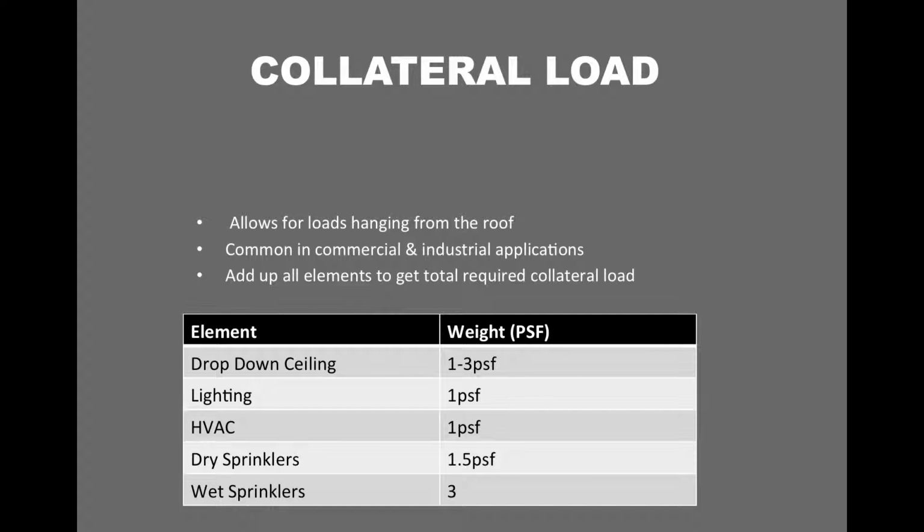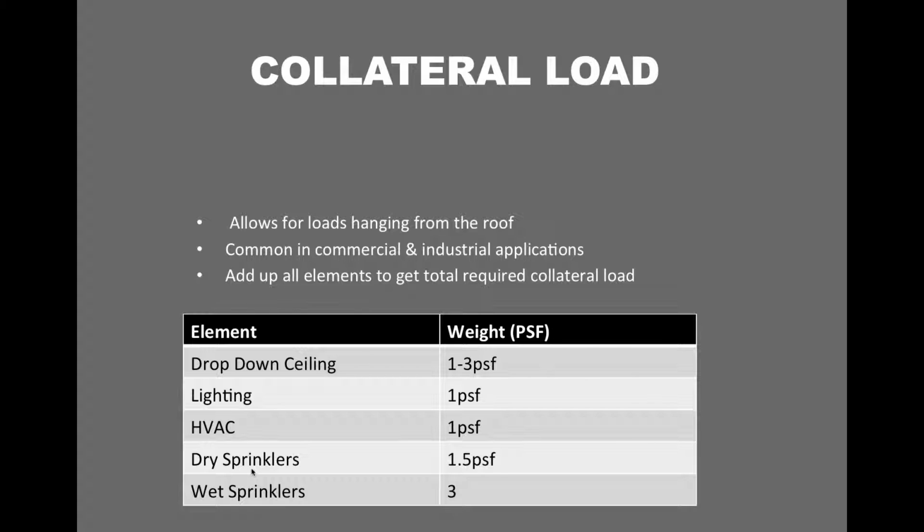So final thing here is the building's collateral load. A collateral load accounts for items that will be hanging from the roof on the interior of the building. So you've got things like a drop-down ceiling, let's say, or any sort of heavier lighting, or HVAC, or dry or wet sprinklers.